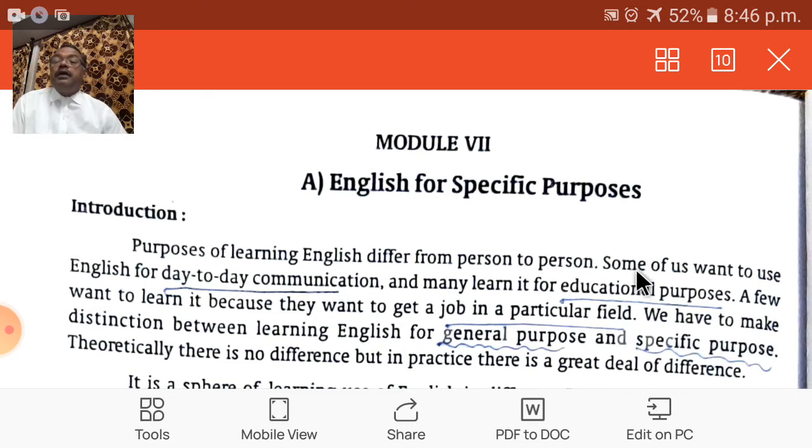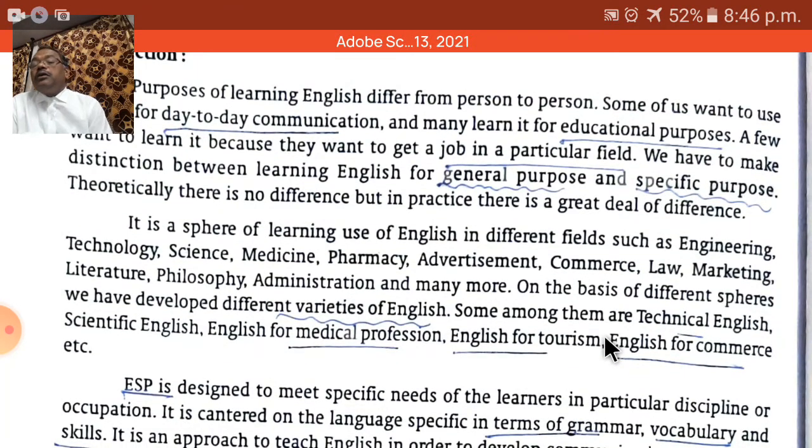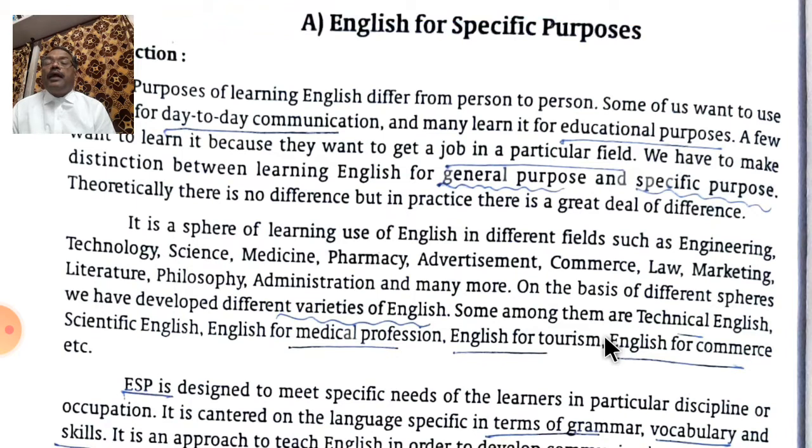Theoretically, there is no difference, but in practice there is a great deal of difference. It is a sphere of learning the use of English in different fields. The fields like engineering, technology, science, medicine, pharmacy, advertisement, commerce, law, marketing, literature, philosophy, administration, and many more.